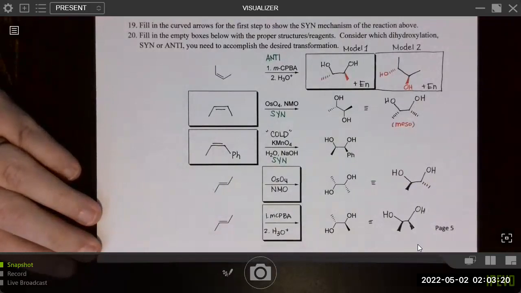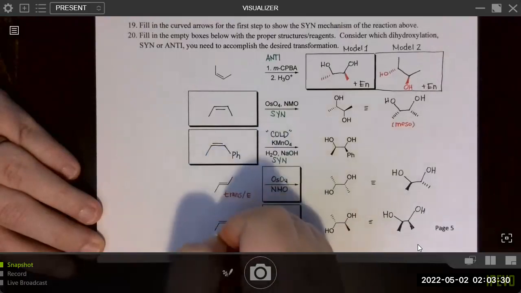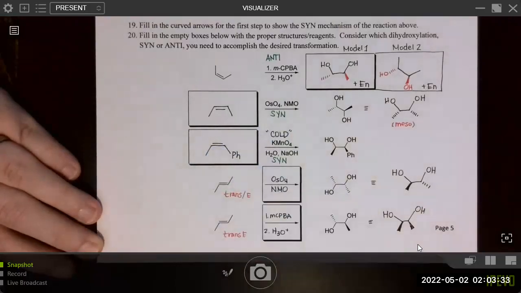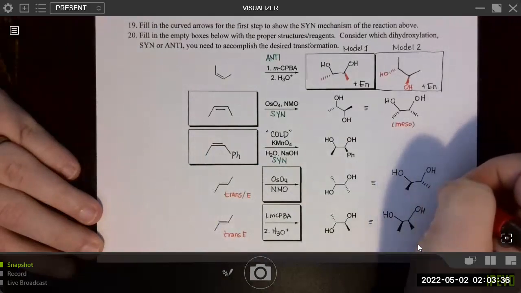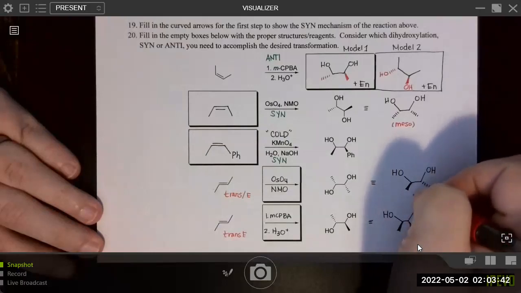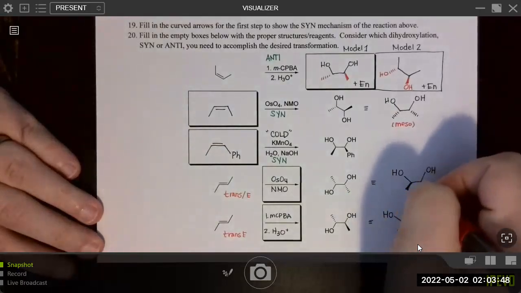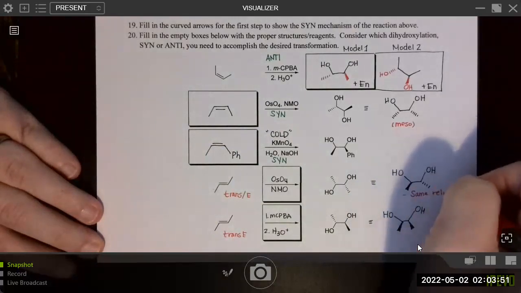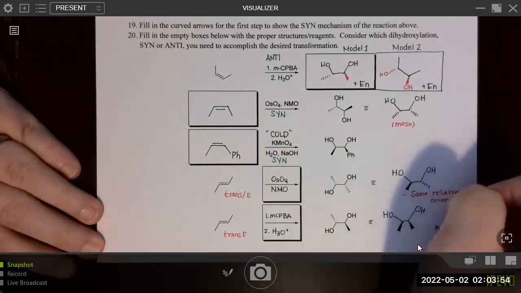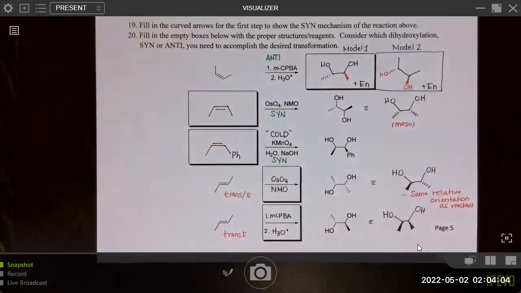Okay, notes here. Starting from trans for E. And this is now the same relative orientation as reactant trans, which means we needed to undergo syn, right?